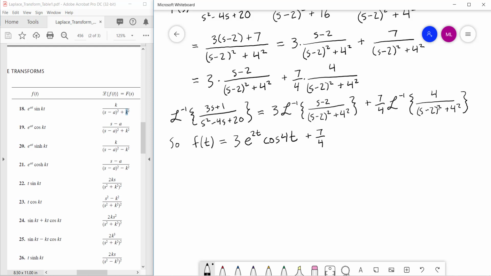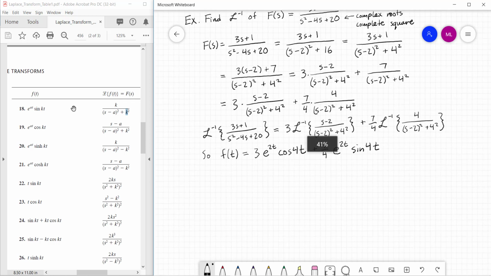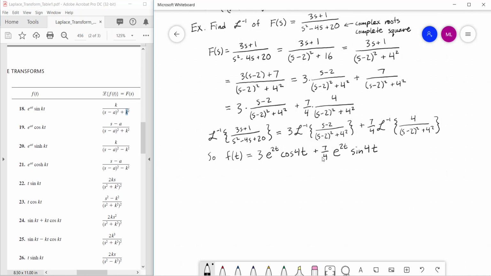And this one matches line 18, with again, a being equal to 2, k being equal to 4. So that's going to be e to the 2t sine of 4t. And there's the inverse Laplace transform. So there's our function f that we get out of that.